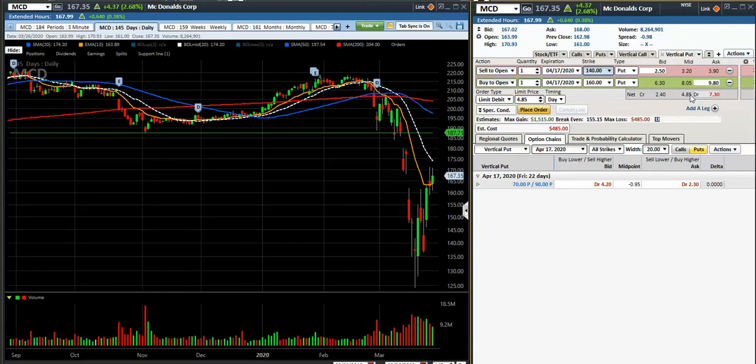If you buy this one, $4.85 divided by 167, this one will cost you 3%. So you lower the cost by using the spread. Basically you risk around $485 to make a maximum gain of $1,515.